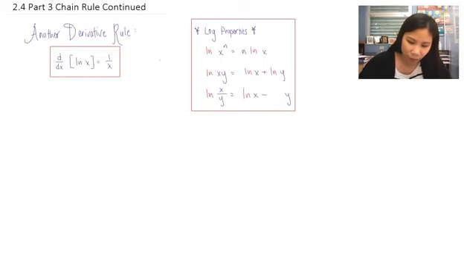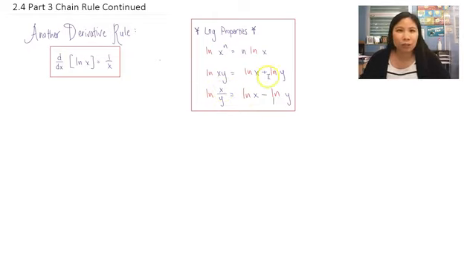Okay, but we want to be able to do this because if we're taking the derivatives of these things and we have stuff being multiplied or being divided, rather than using the product rule or quotient rule, we can just split it up because it's way easier to find derivatives of stuff that's being added or subtracted than if they were being multiplied or divided. So that's the nice thing about natural logs.